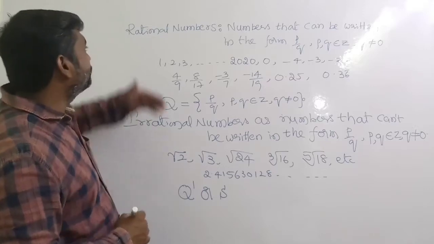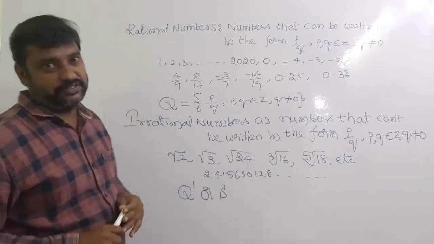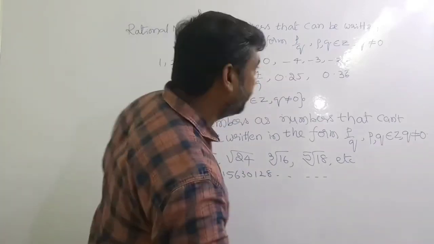So when you combine rational numbers and irrational numbers, you get the set of real numbers.